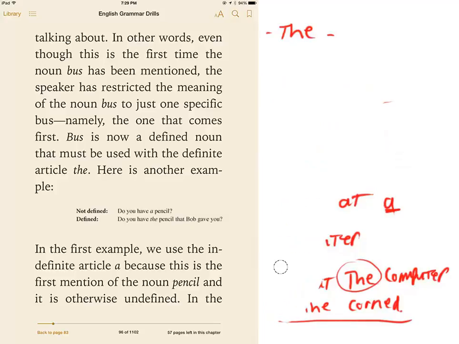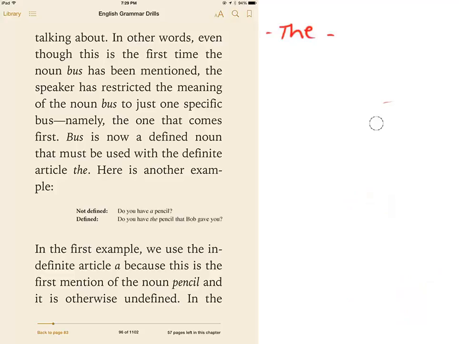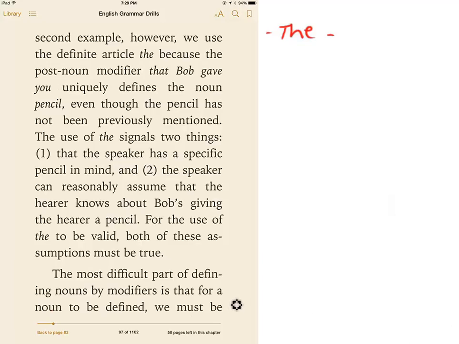Now, it's not enough that you modify a noun. You have to know that the person you're talking to is going to understand which one. So, for example, here's another. Here's a little further explanation.